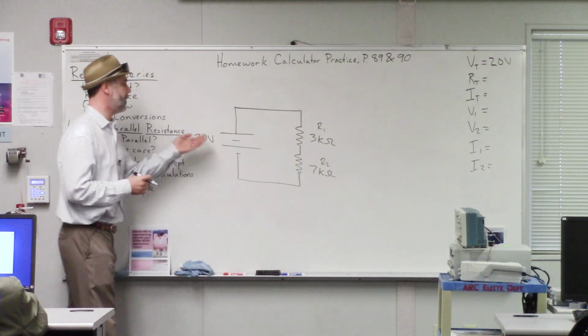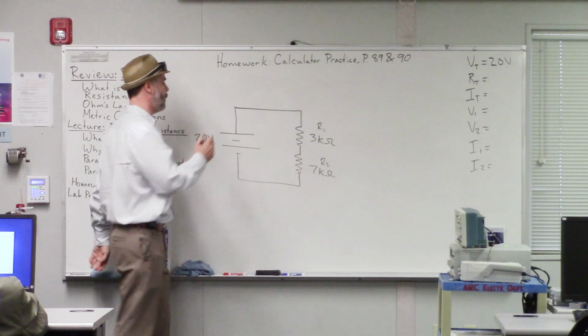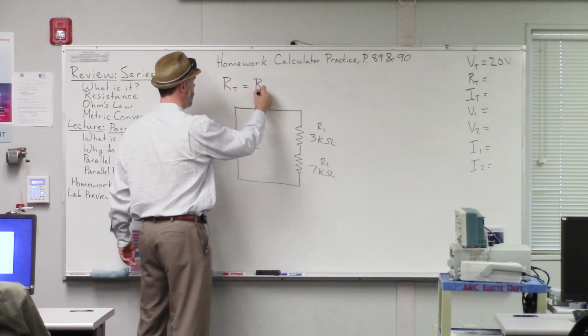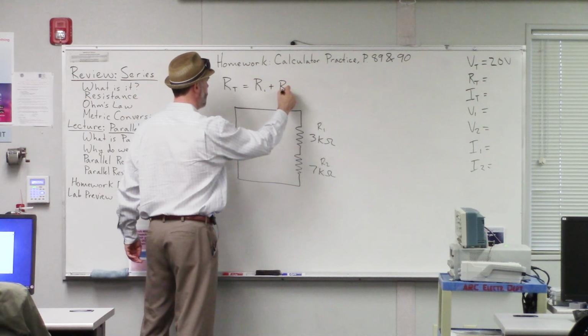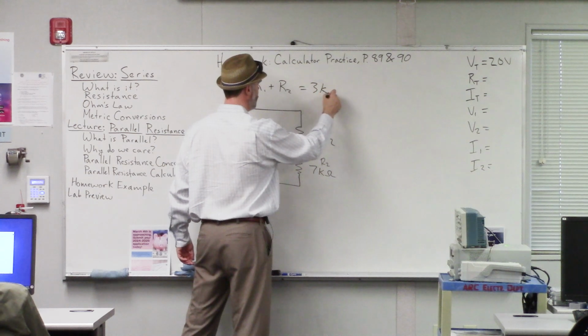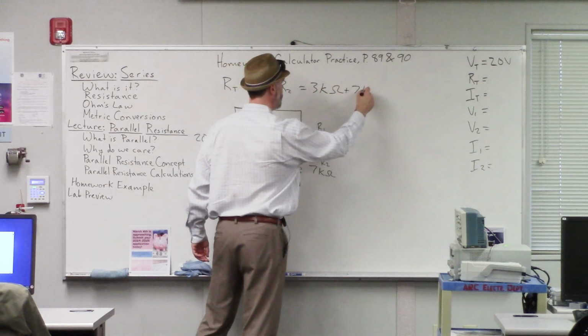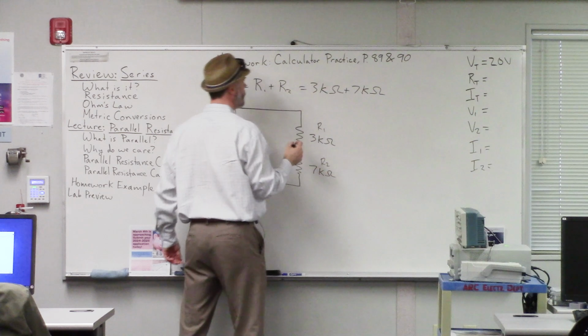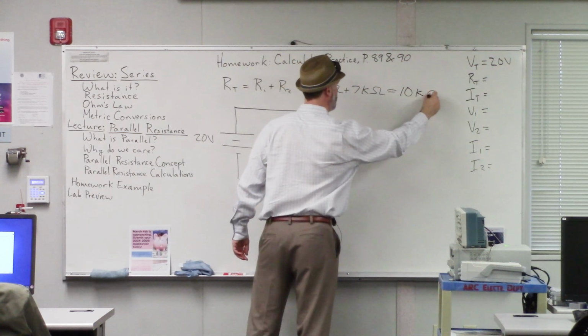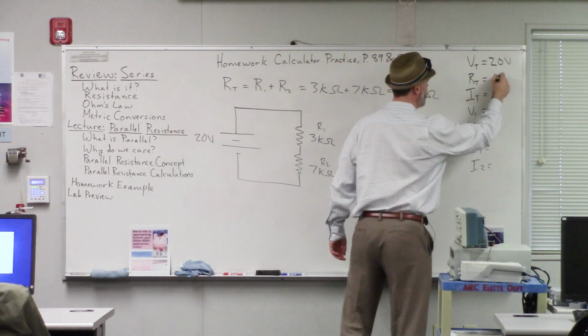So to find the total resistance, we say R total equals R1 plus R2. In this case, that's 3 kilo ohms plus 7 kilo ohms, so that is 10 kilo ohms. That's the total resistance.